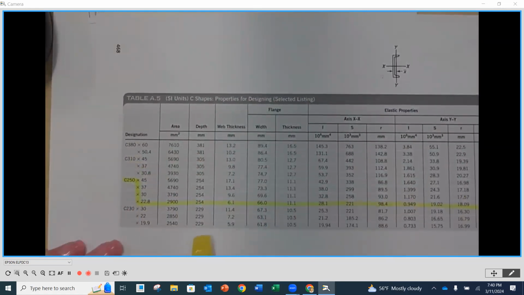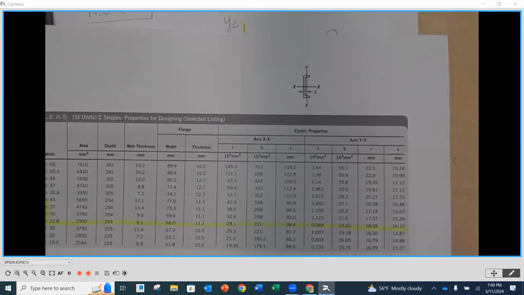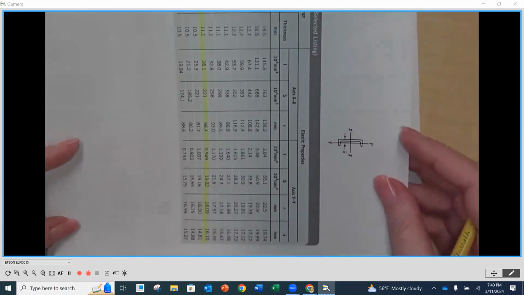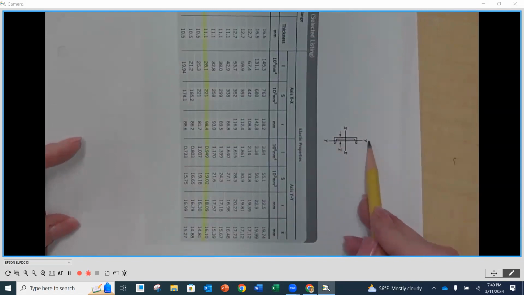Now, this is not sitting in the same orientation as our part. We are sitting like this. So that means the horizontal, the way that we're having it sit, they're calling that the y-axis. Do you see that?